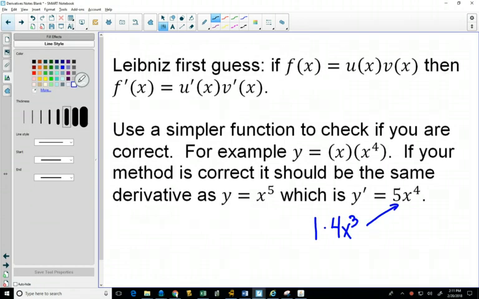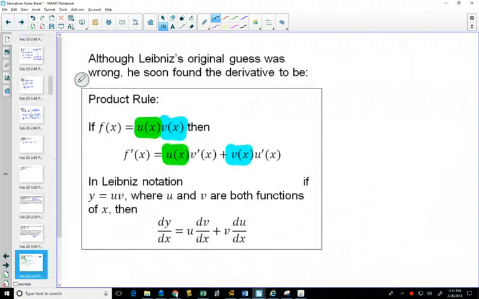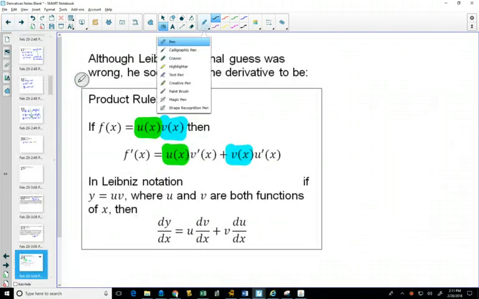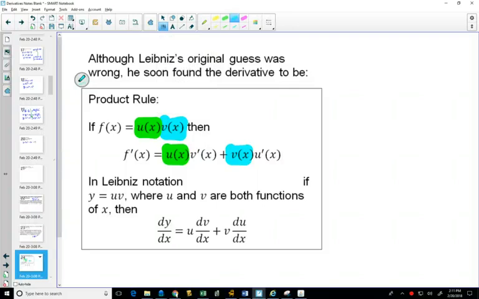So in Leibniz notation, again, we'll color code this. We've got our first function u multiplied by our second function v. Again, we keep the first one the same, multiply it by the derivative of the second one, then keep the second one the same, and multiply by the derivative of the first one.